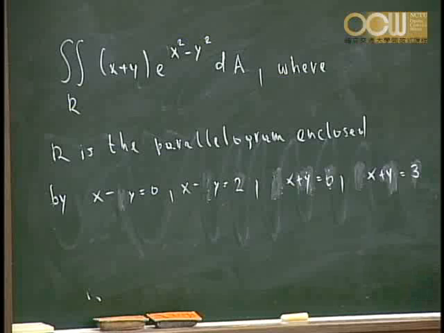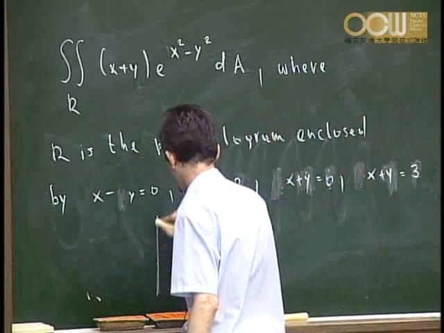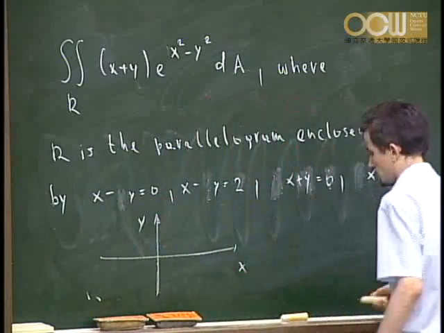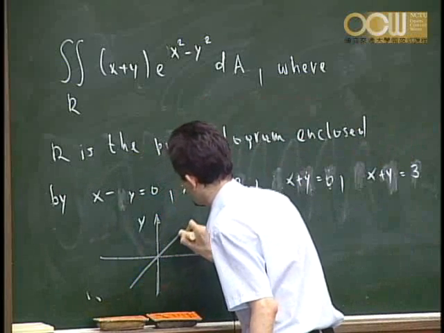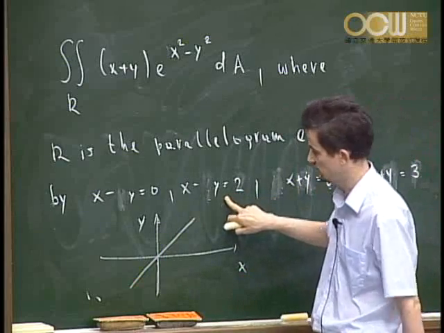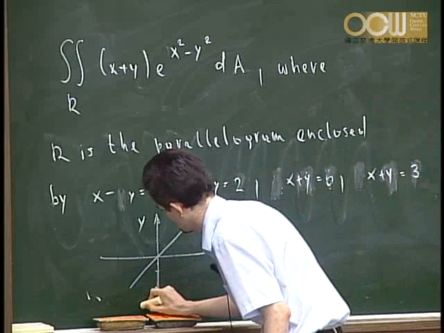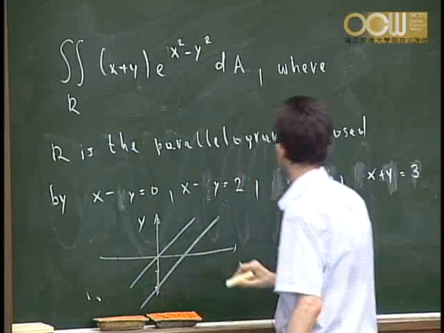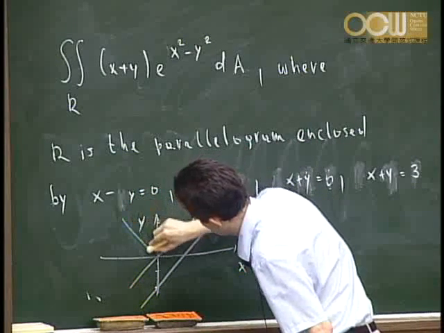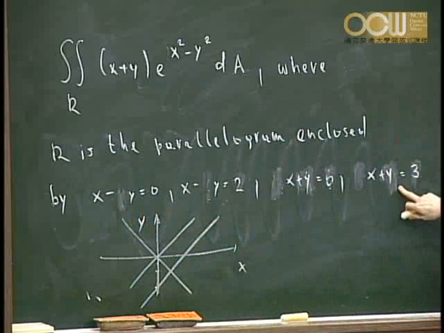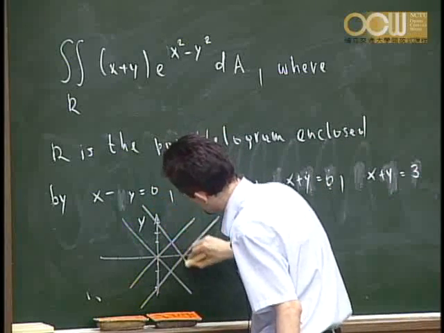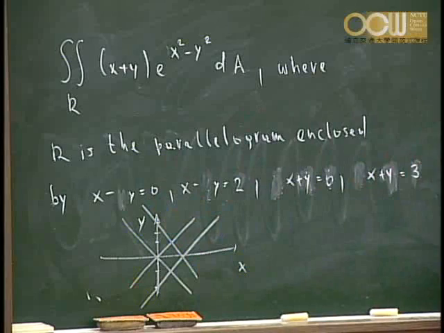So if you plot this, this one is x is equal to y, or y is equal to x. And this one is y is equal to x minus 2, so it is shifted down. So we have something like this here. Now this one goes in the other direction, so y is equal to minus x, like this. And this one is y is equal to minus x plus 3, so shifted like this. So you really have a parallelogram, this here.